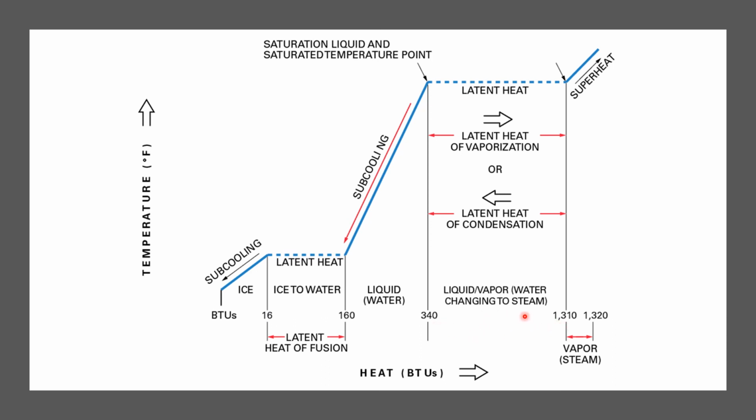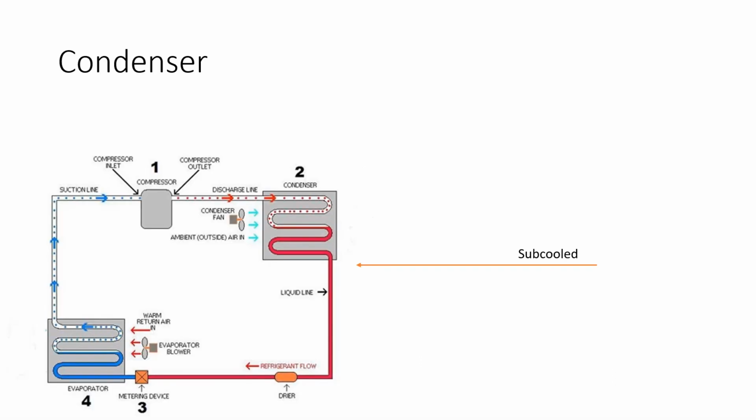So we're using a lot of energy down here to change the state of this liquid water into steam, all right? And that's latent. It's a lot of energy that we have to use to change that. Anything above that point is going to be hotter than 212 degrees, and it will be pure vapor steam. There will be no liquid left at all, all right?